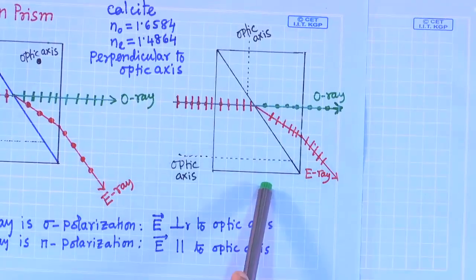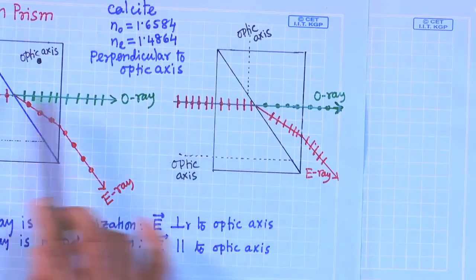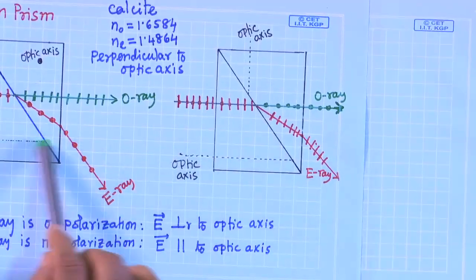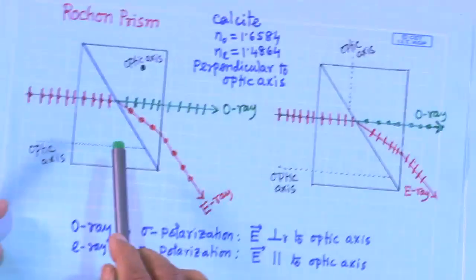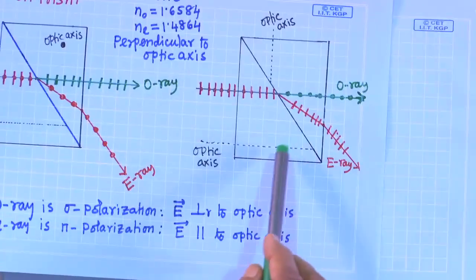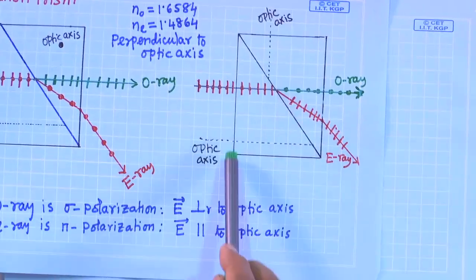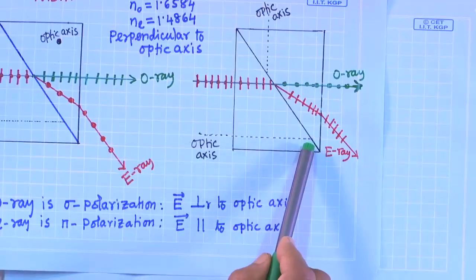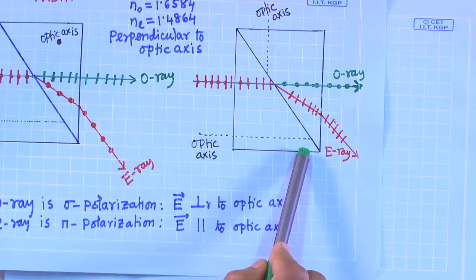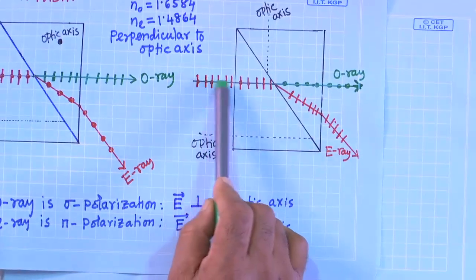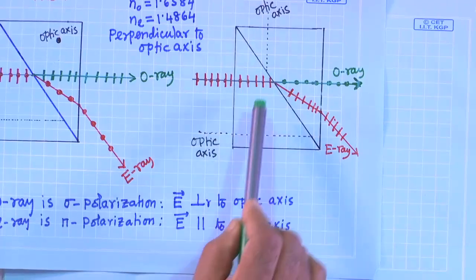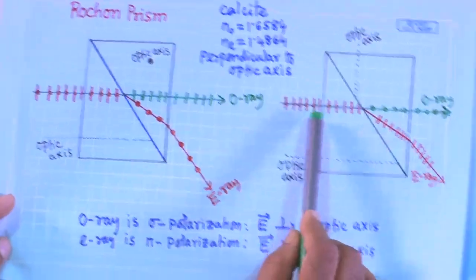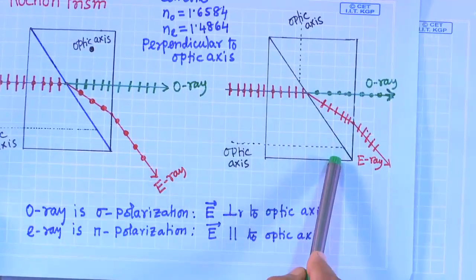A similar case also happens if the optics axes are mutually perpendicular in these two halves. If the situation is like this, the optics axis of one is this and the other is this, then also it happens that in this part it is the same way as what we saw here, because it is along the optics axis.